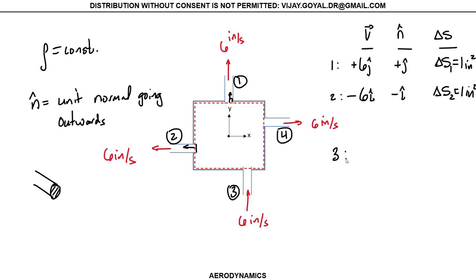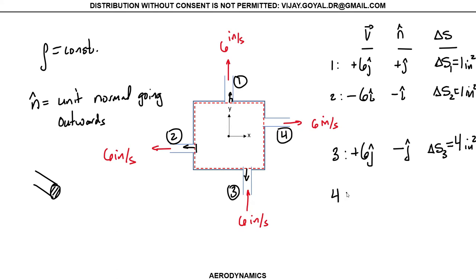Okay, then you go to location number 3. This is going plus j. It's going upwards, in the y direction. And then your unit normal is going in the direction opposite of y. This will be minus j. And delta S3, the problem says, is equal to 4 inches squared.